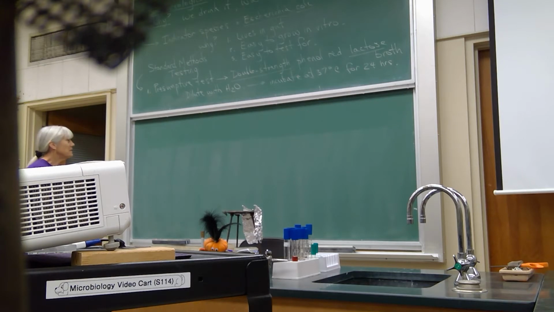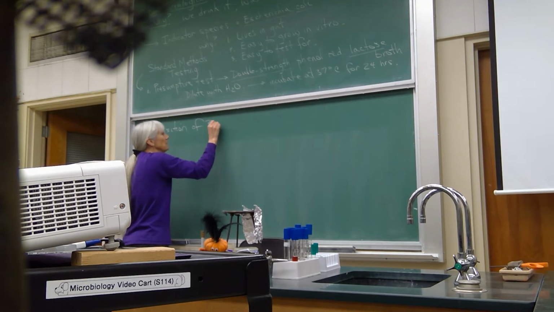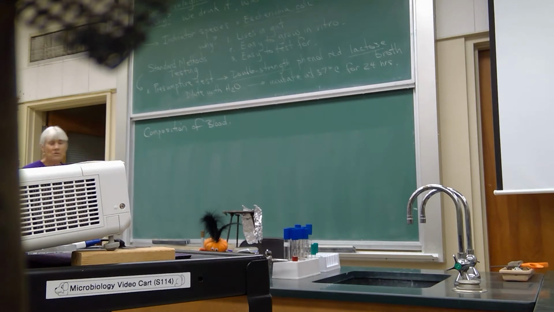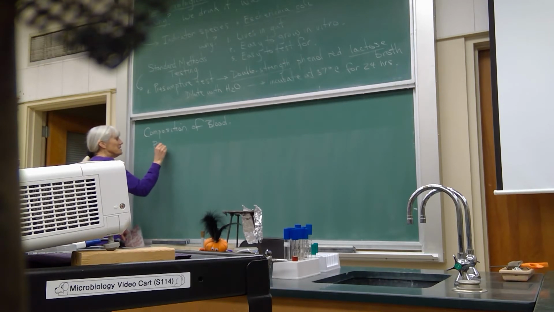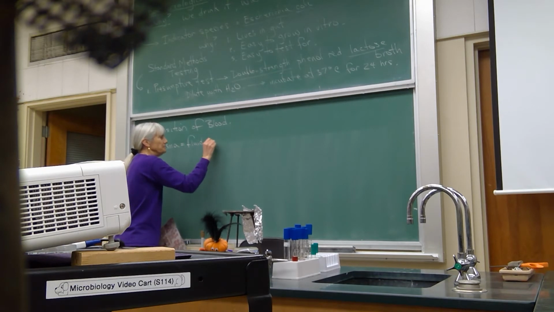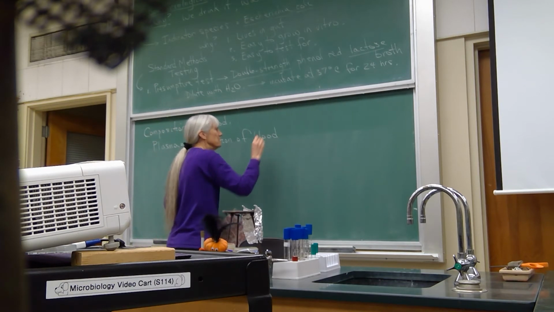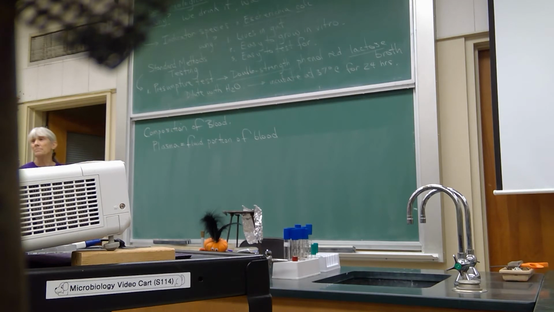Okay, so composition of blood. So, what we need to know about blood, actually it's mostly water, but it has a fluid portion, plasma. So, plasma has mostly water in it, but it has proteins in it. The proteins that we're mostly concerned about in microbiology are the antibodies, because the antibodies are part of our acquired or adaptive immune system.